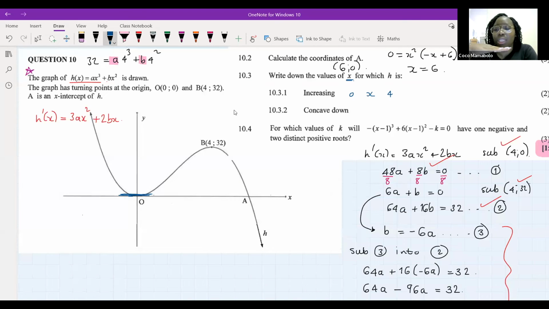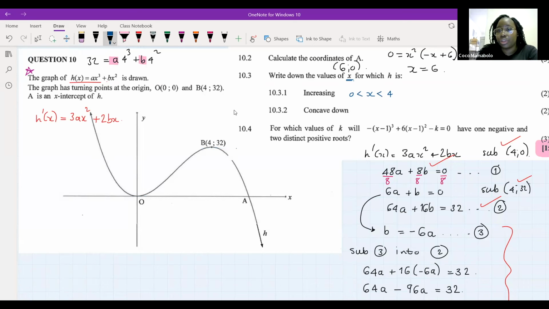It's neither. Remember, the gradient of a horizontal line is just 0. Therefore, there's no increasing or decreasing. So we cannot include it, we must exclude. Do not include, guys.